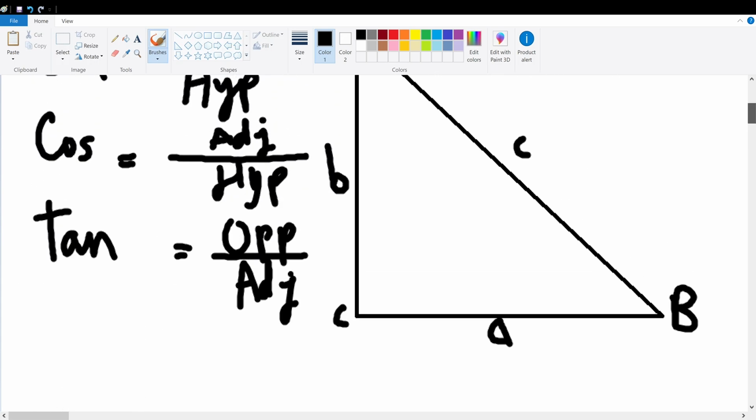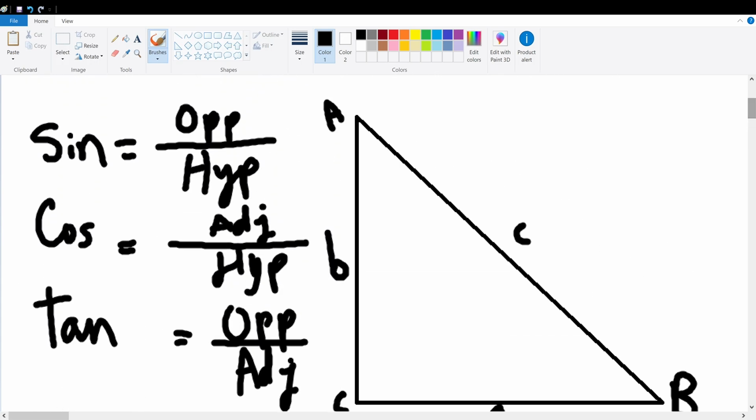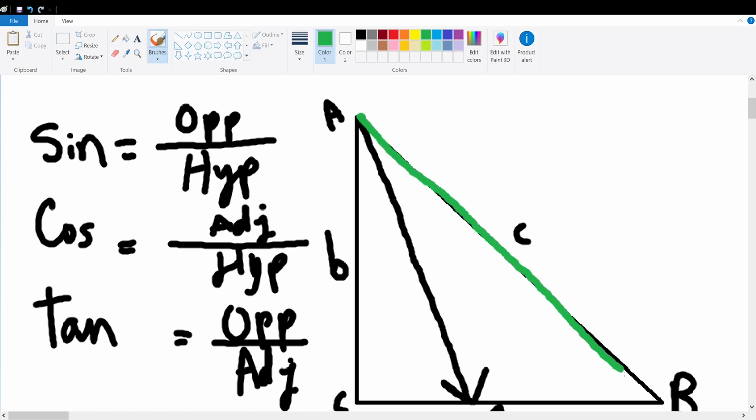Now, based on our graph above, we can deduce that the opposite side corresponding to angle A is side length A, with the hypotenuse of the triangle drawn in this green color.